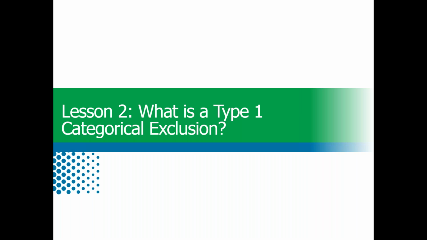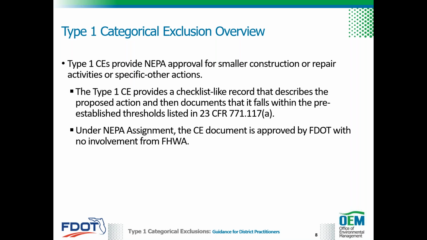In lesson 2, we'll delve into what specifically a Type 1 categorical exclusion is. Type 1 CEs are prepared for non-construction activities, such as planning and research, and also for those smaller construction or repair type activities. The NEPA approval is documented in a Type 1 categorical exclusion checklist.